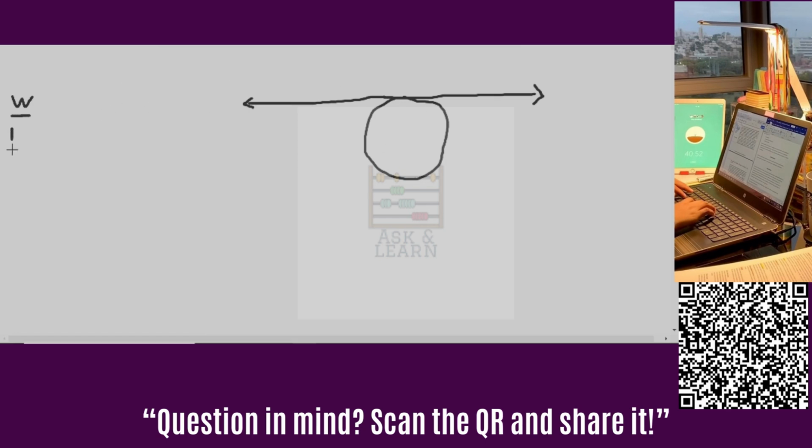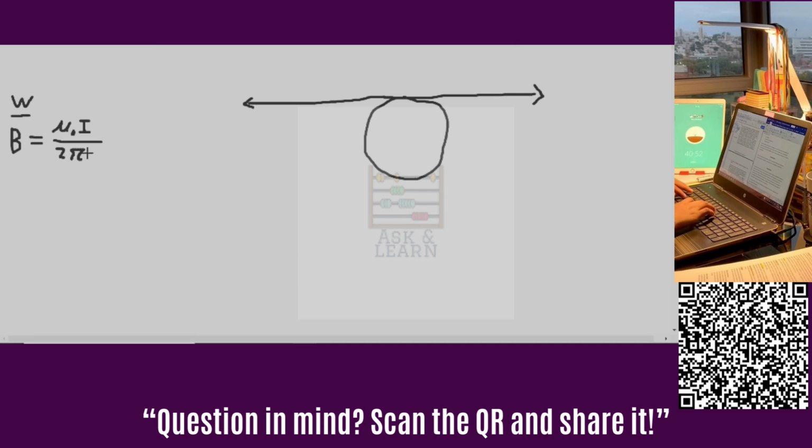For the wire, we have our magnetic field B is equal to mu naught times the current divided by 2 pi r.